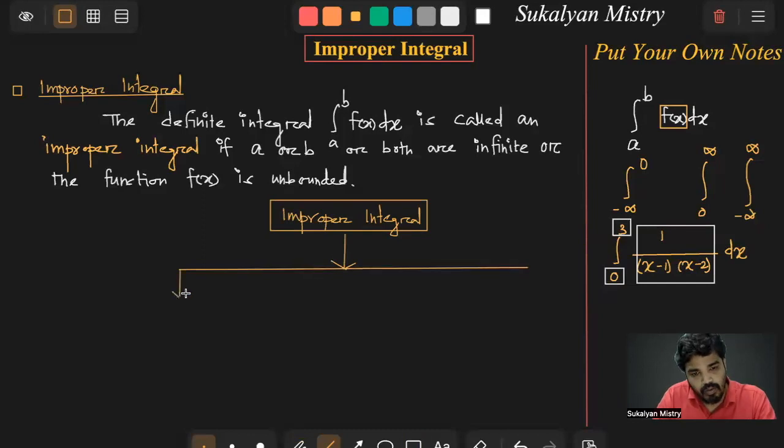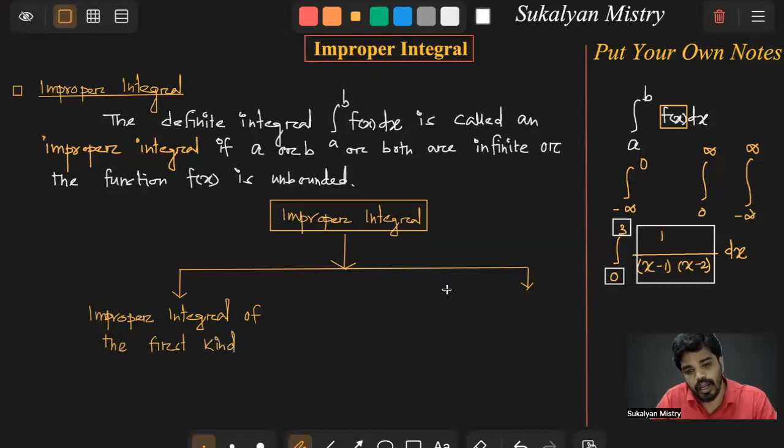One is improper integral of the first kind, and another is improper integral of the second kind.